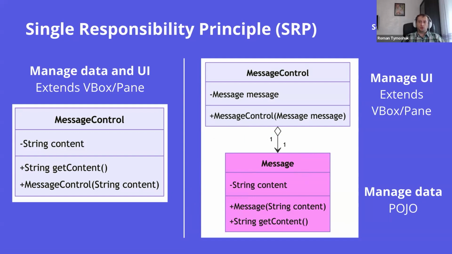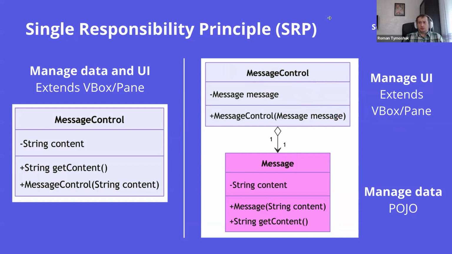It's a simple POJO class. This principle is called separation of concerns. You are splitting the POJO, a plain Java object, and the UI component. As you can see here, message control has only one message, and when creating the message control, you need to provide the message inside of it.